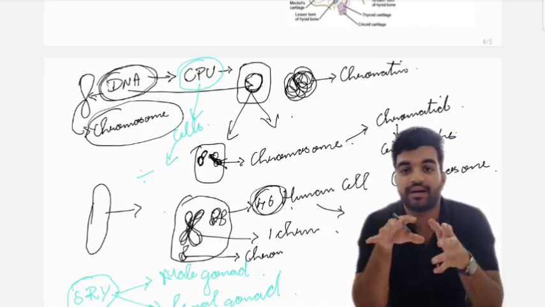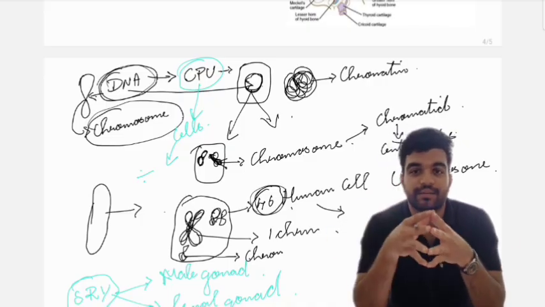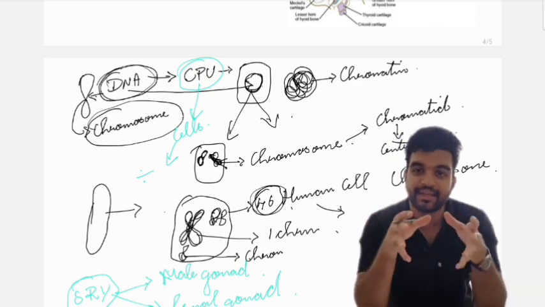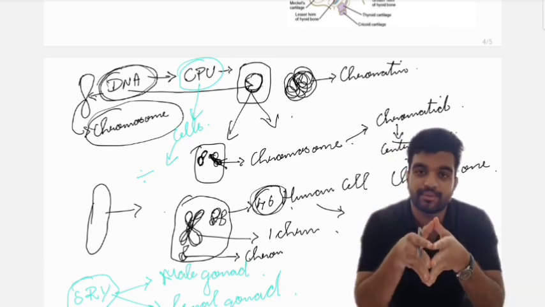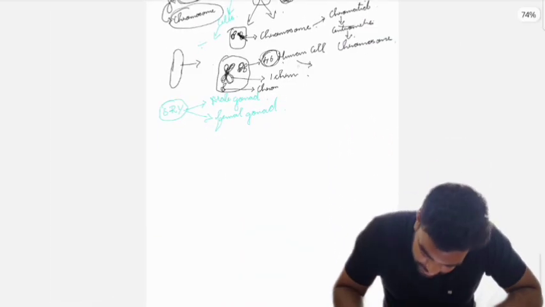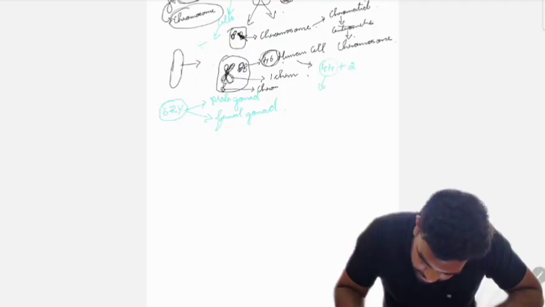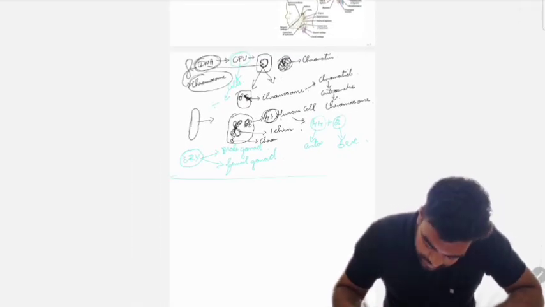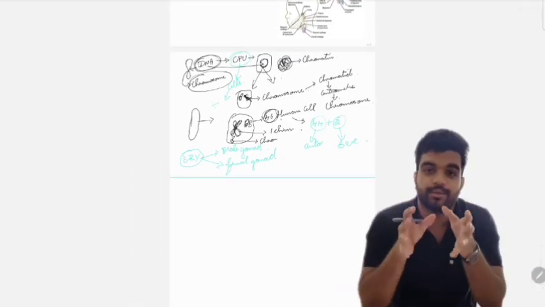But the 2 sex chromosomes, XX or XY, give that particular human body its sexual characteristics. So the 46 chromosomes are 44 autosomes plus 2 sex chromosomes. This is all you will have to remember in the chromosome chapter.